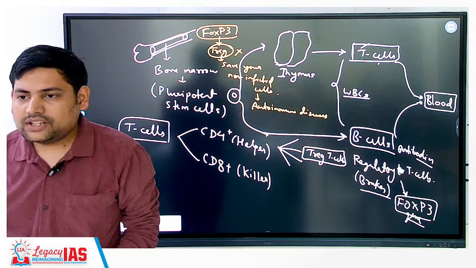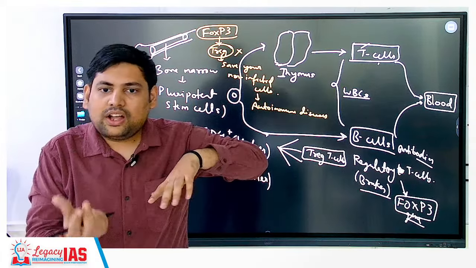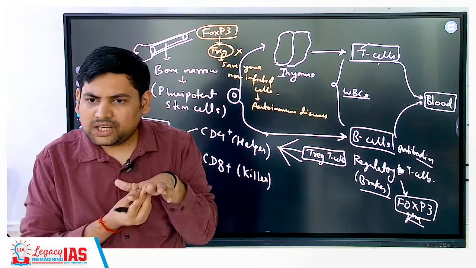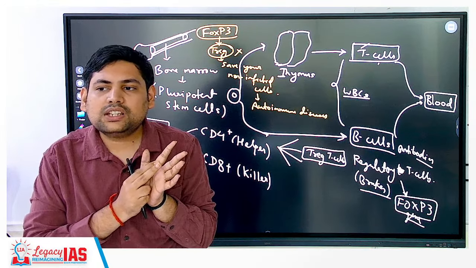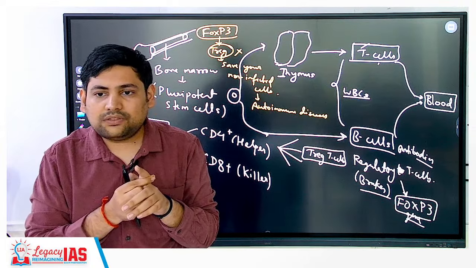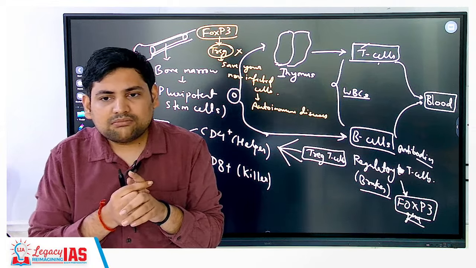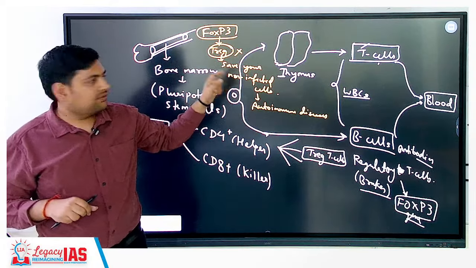Understood? For example, let's say my finger got cut and I am putting a prosthetic finger on it. What does immunity usually do? It rejects it because it comes from outside, not from the body itself.